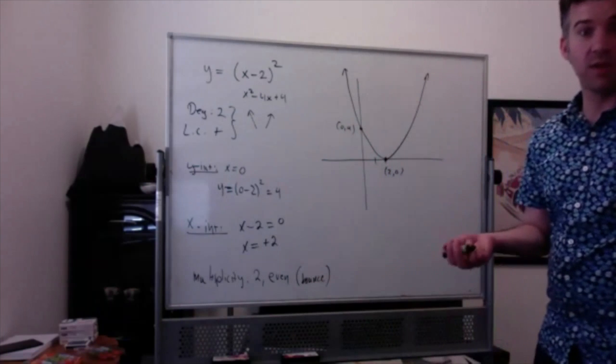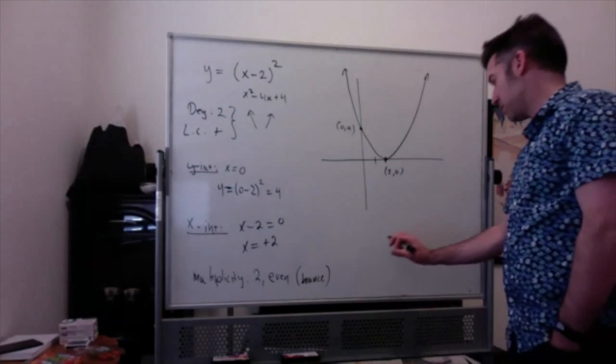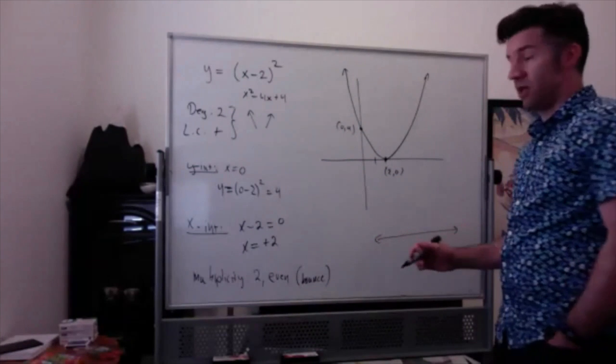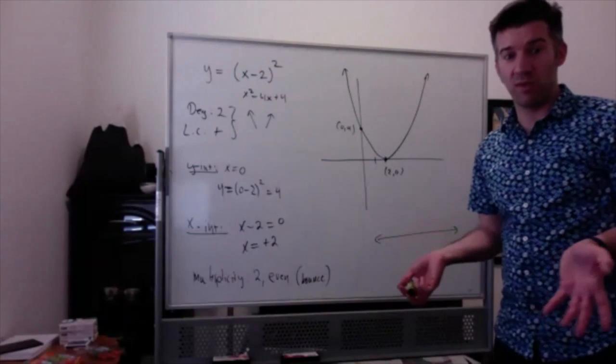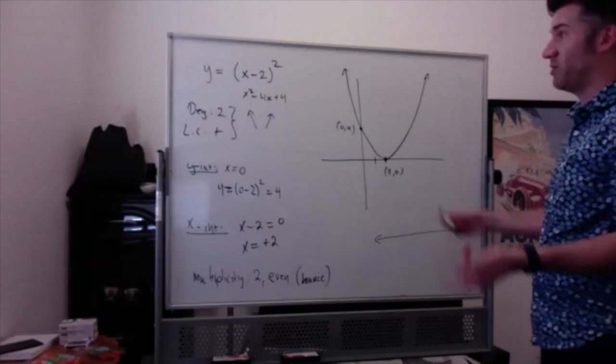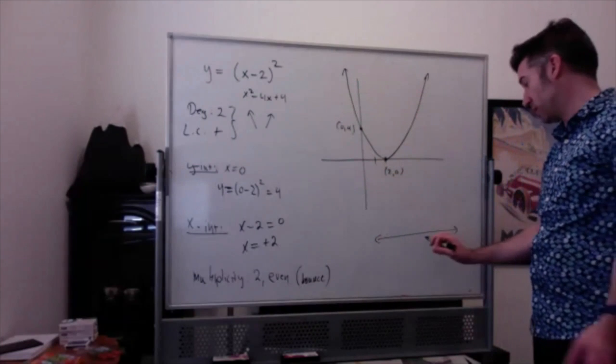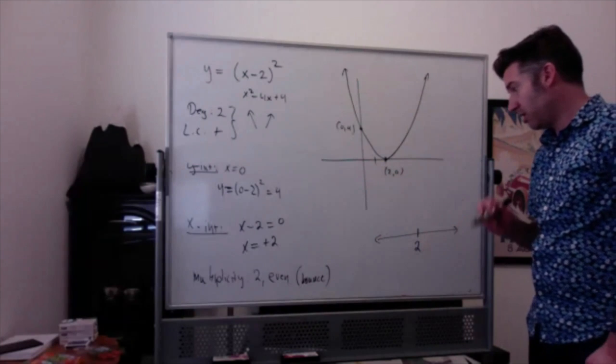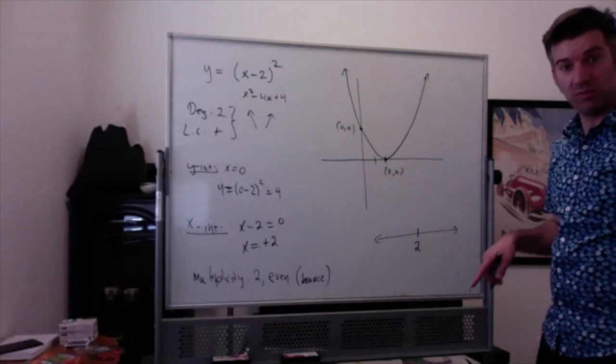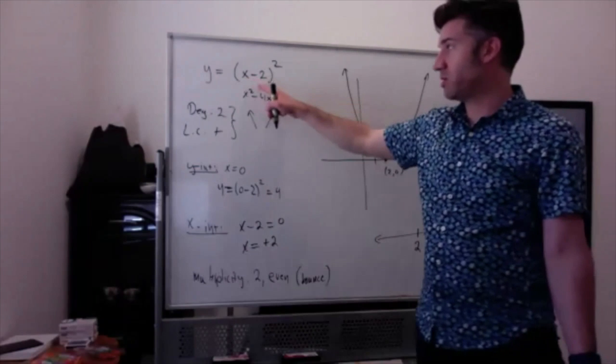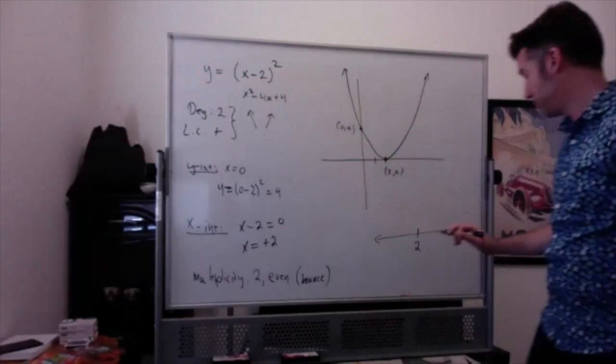You could also do the number line thing here. On the number line, we only include the points where it equals 0. The only place where this is equal to 0 is when x is equal to 2. If we pick a number larger than 2, like 3, 3 minus 2 is 1, and 1 squared is positive.